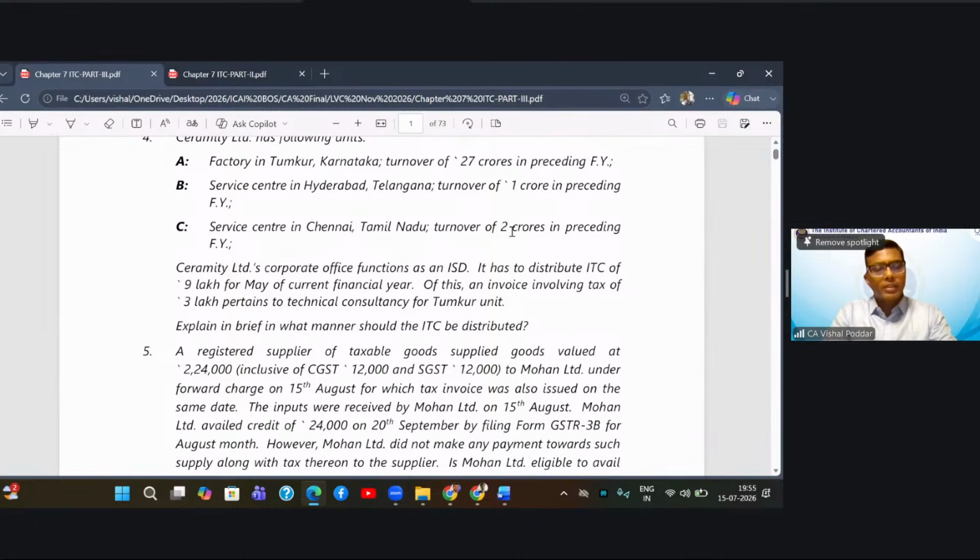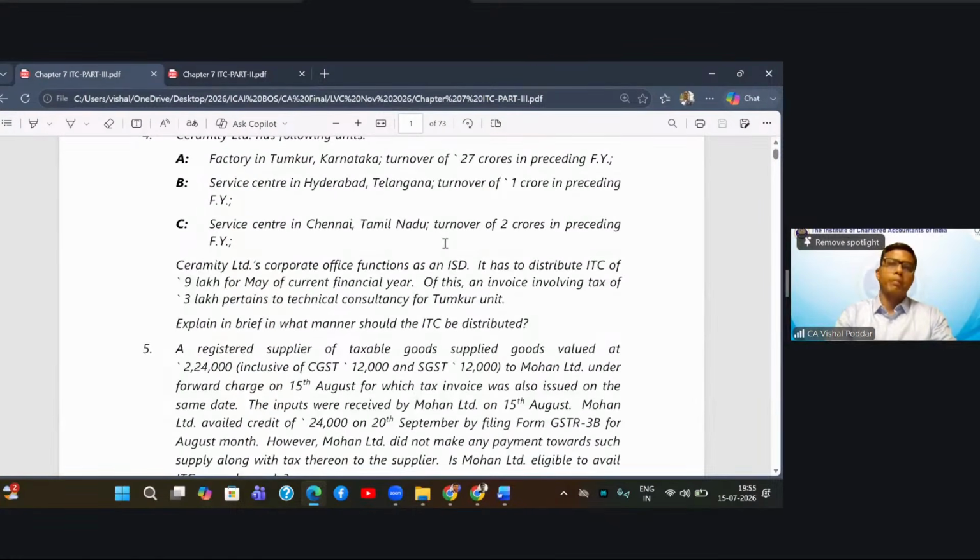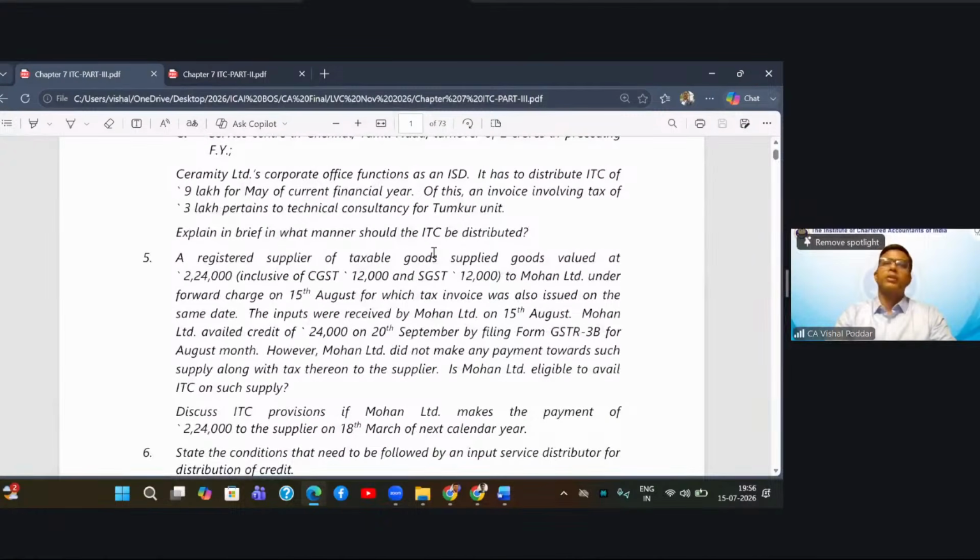So, we will divide this 6 lakhs using the ratio of the turnover of these 3 units of the last financial year. So, this 6 lakhs into 27 upon 30 will be the share of Tumkur. Again, this 6 lakhs into 1 upon 30 and this 6 lakhs into 2 upon 30. This will be the proportionate share of each of these units, plus the 3 lakhs will be exclusively given to Tumkur. So this is how, using the ISD mechanism, you will distribute the ITC.